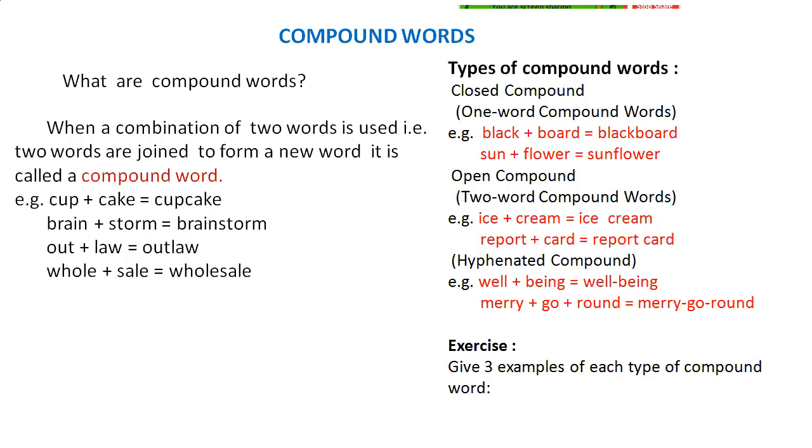But notice the difference between the first type of words and these words. Over here, the word ice is separated from the word cream. It does not mean that these are two separate words. They are one word, but they are not exactly joined.